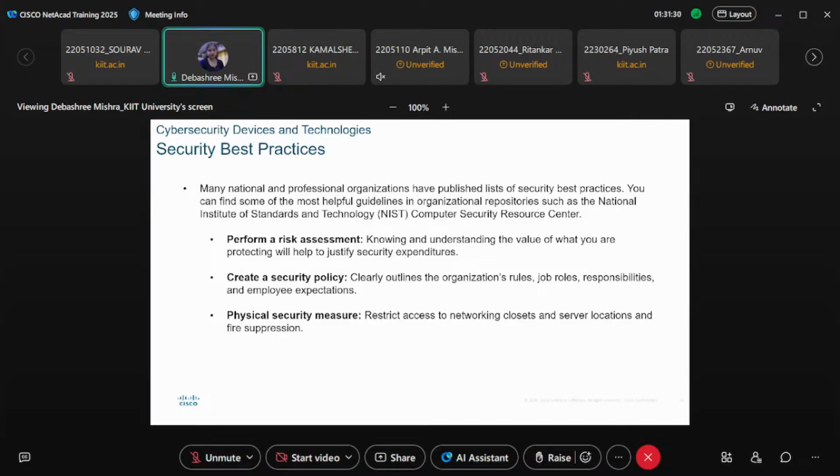Now, when you are talking about creating a security policy, these are again certain protocols or rules clearly mentioned to the organization, about what jobs and roles you need to take care of. Like if an action team is there, their work is to take certain action.